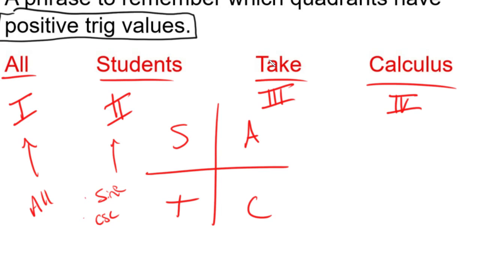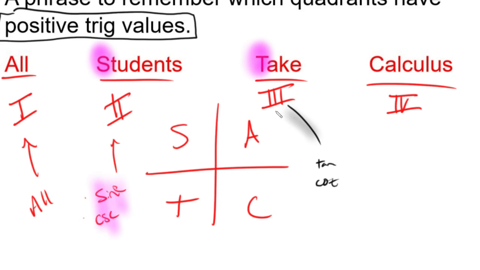Take is talking about, you're looking at, by the way, we are considering the first letter of these words. All students take calculus, which is, a lie, but, whatever. So the S means that the sine is positive. The T here in quadrant 3 means that tangent is positive, as well as cotangent.